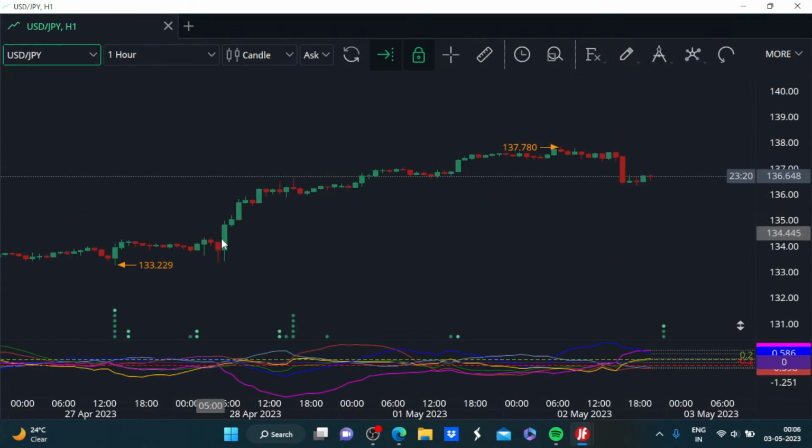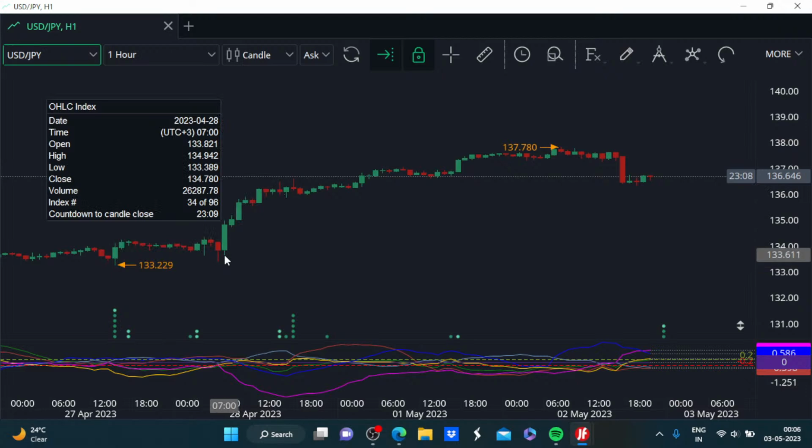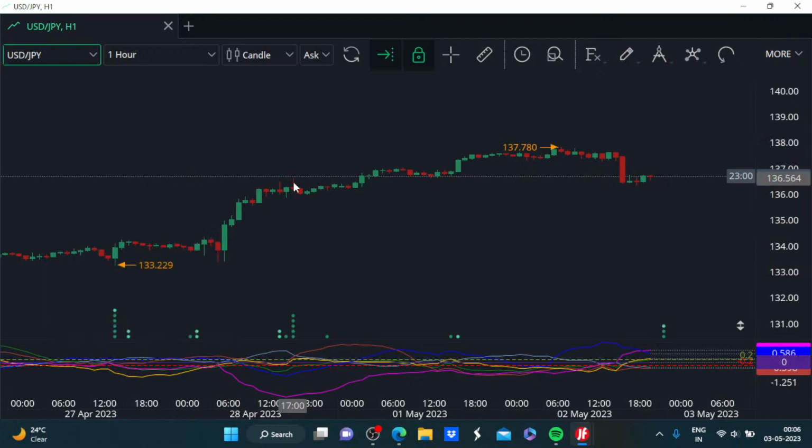All right, so we got to the 28th April and 15 GMT. Here you can easily notice that the price moves for the USD JPY were quite strong, and the USD JPY climbed up almost 250 pips from the lower point to the higher point in that trading session.